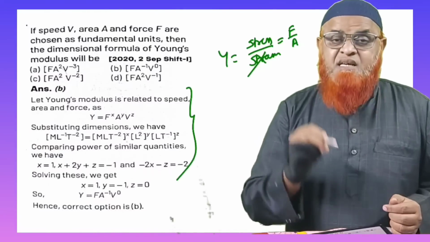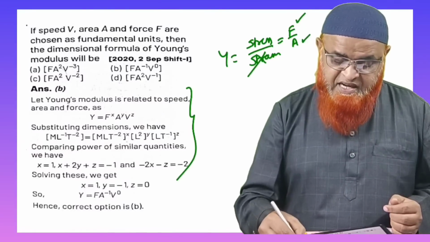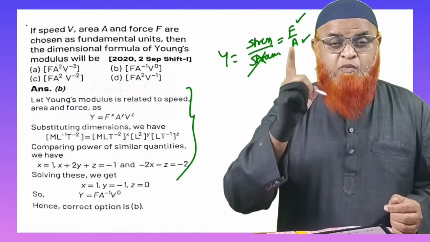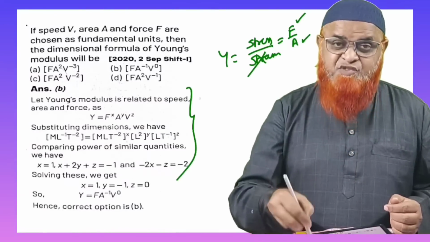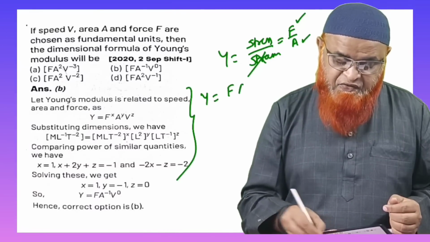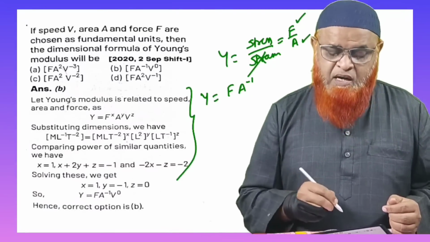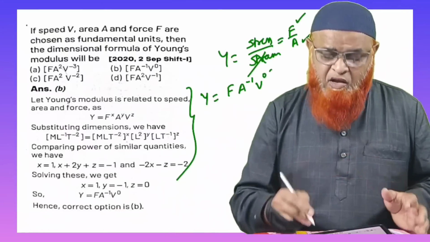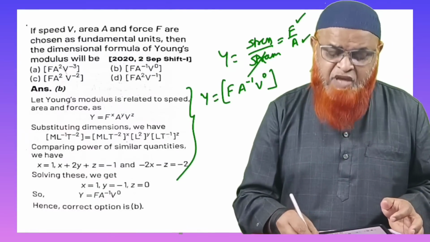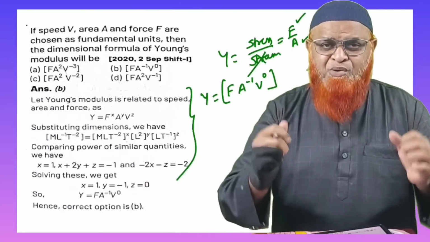In the four options, force is present, area is present, but velocity is missing in this formula. So I can write F, the denominator A will come to the numerator with power of -1, and since there is no velocity, I directly write V power 0. That's it. Did you enjoy?